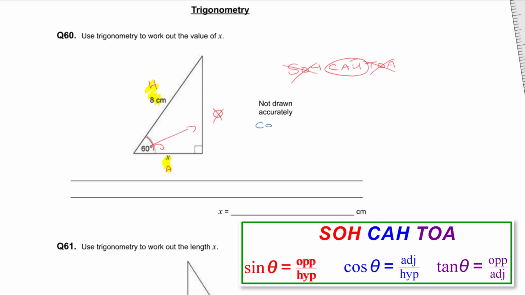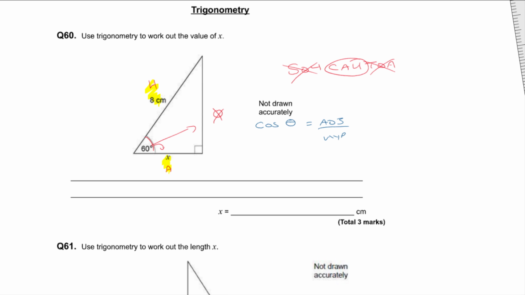So we're going to write down the cosine formula. Cos theta is equal to adjacent over hypotenuse. Then we sub in from the diagram. Theta is a placeholder for the angle. So cos 60 is equal to the adjacent, which is the thing we want to find, x, divided by the hypotenuse, which was 8.